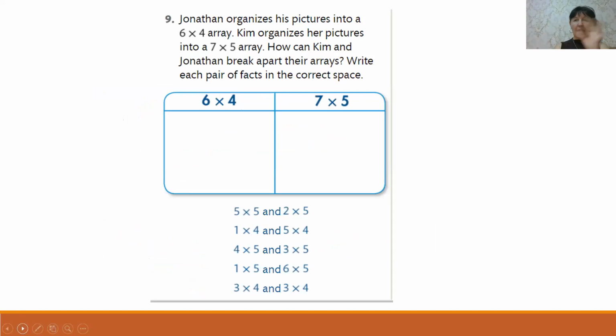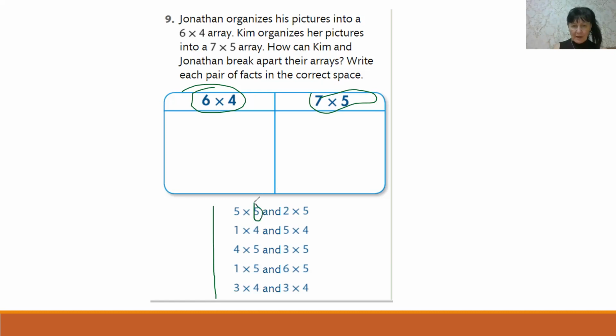Number 9. Again, it's about breaking apart, how you understand breaking apart, okay? Because the topic was about this. So you see 6 times 4, and you see 7 times 5. And here you see these equations. You need to sort which goes where. Okay, so again, we are looking for the same factor at the same place.